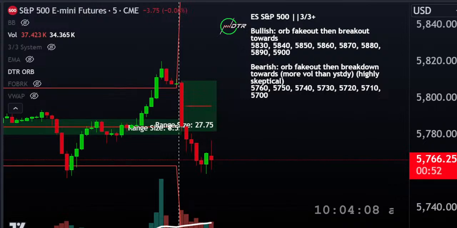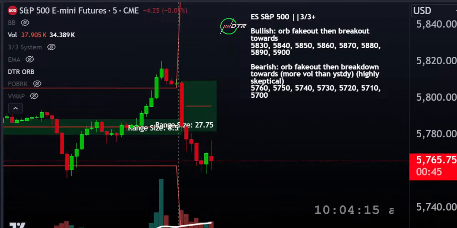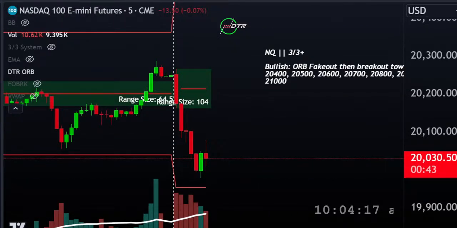Watching to see now if both ES and NQ can go green, or if ES can close around that 58.75. Might not get it.